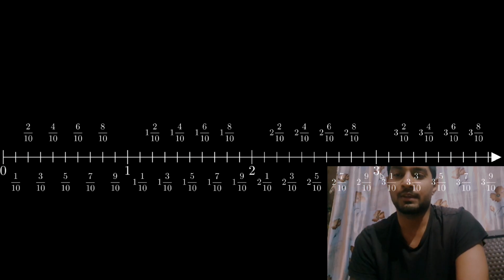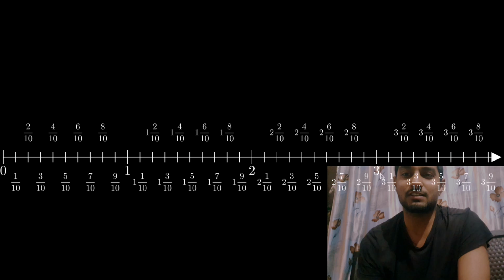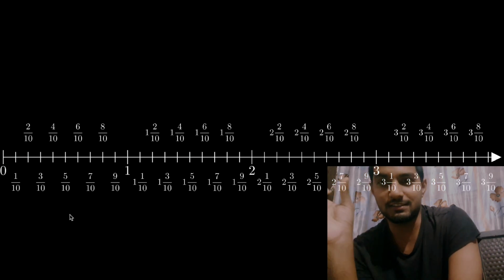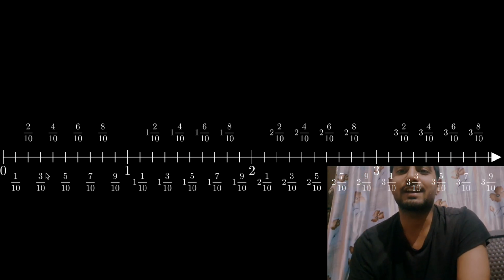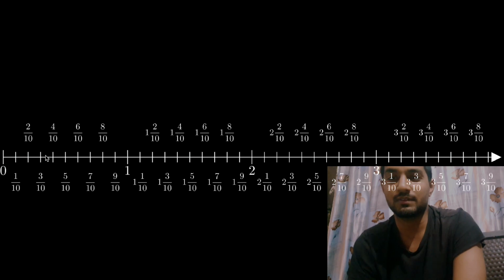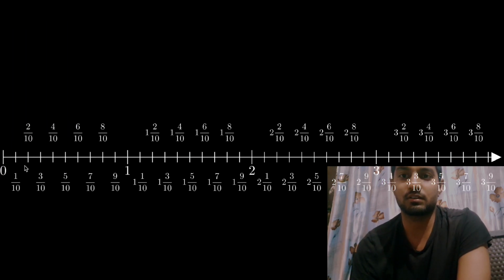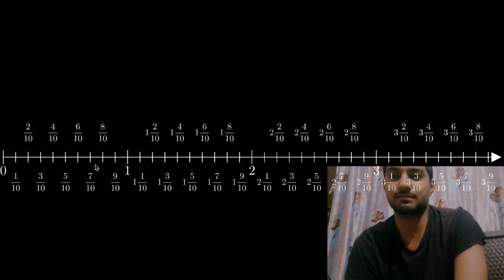In the same way, the previous division example was a perfect division, but just like we grouped things in tens, we can divide equally the parts from 0 to 1. If I have a number like 1, 2, 3, or 4, I can subdivide it into 10 parts like this.